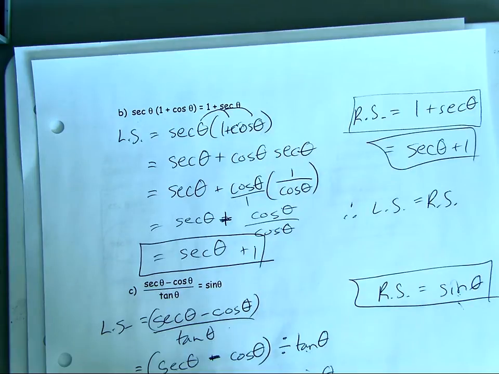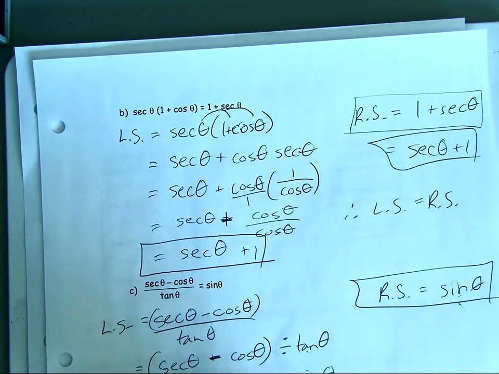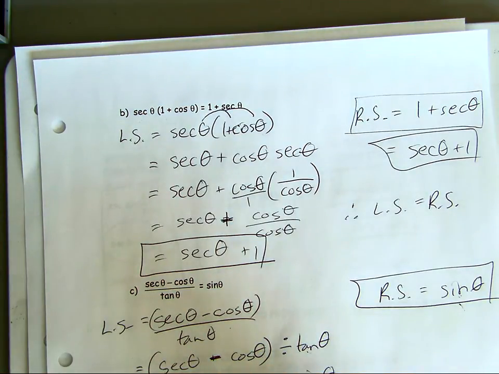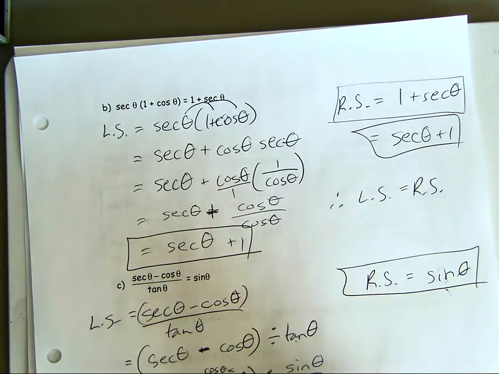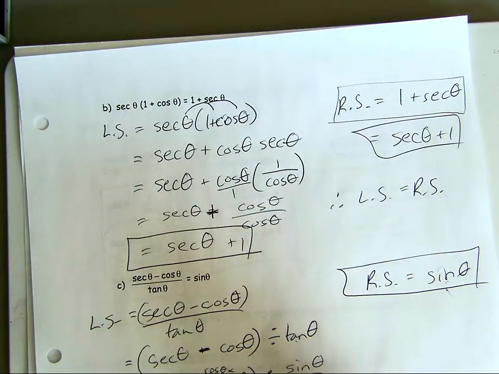Now, the common denominator clearly is cos theta. I can switch this to a cos theta by multiplying by cos theta. So I'm going to do the same to the top. So cos theta times cos theta on the top is cos squared theta. And then I still have this divided by sine theta over cos theta.